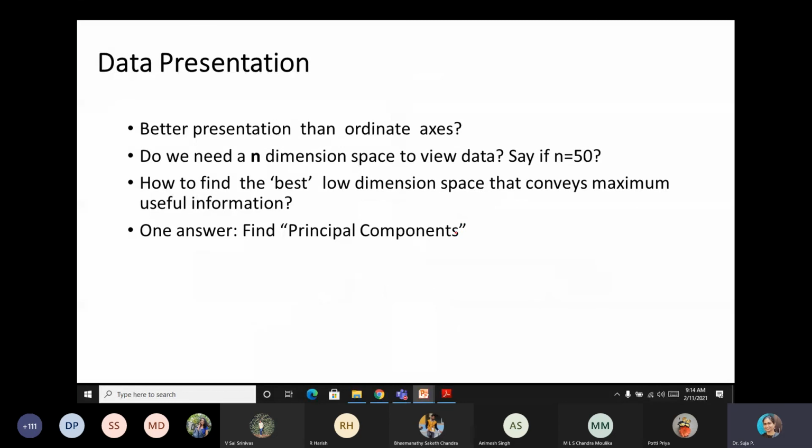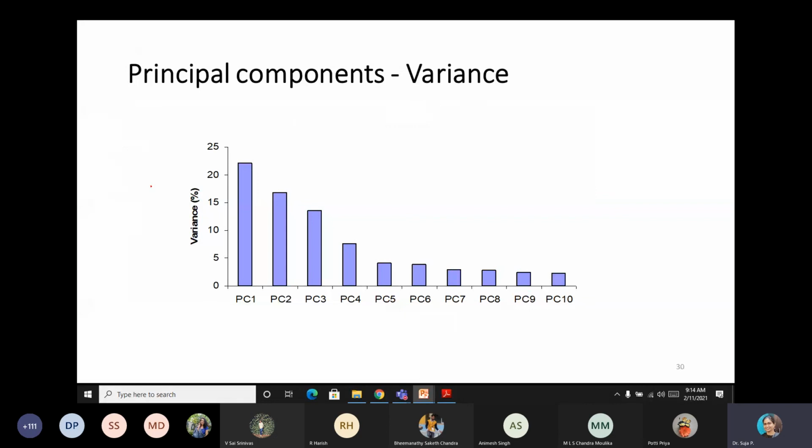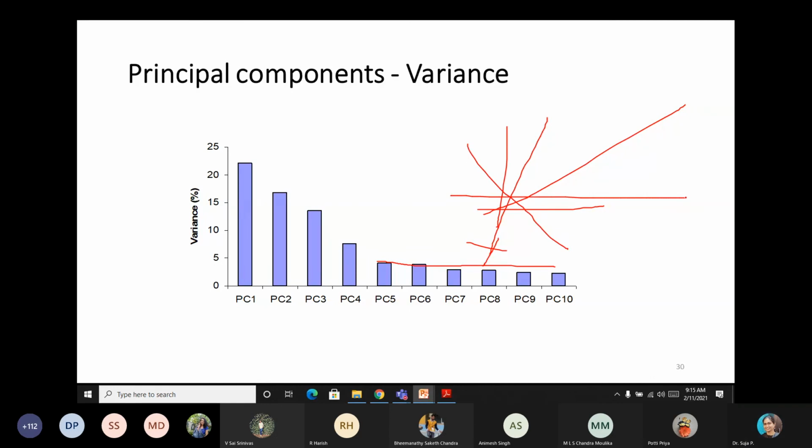I will just finish this part, then I'll go back to the other slide. Suppose you have 10 principal components. As you go towards the last principal components, the variance between them becomes very small or insignificant. So we can ignore the other principal components and only take the major ones.